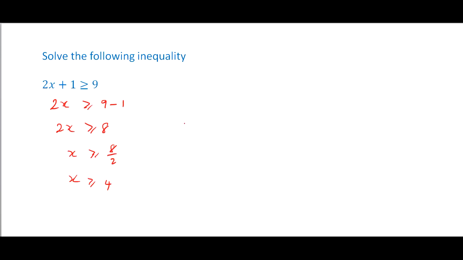And on a number line, let's start from 3 instead. 4, 5, 6, 7. We find the 4, and because it's greater than or equal to, we must shade the circle, and it's greater than, so this is the solution on a number line, right?